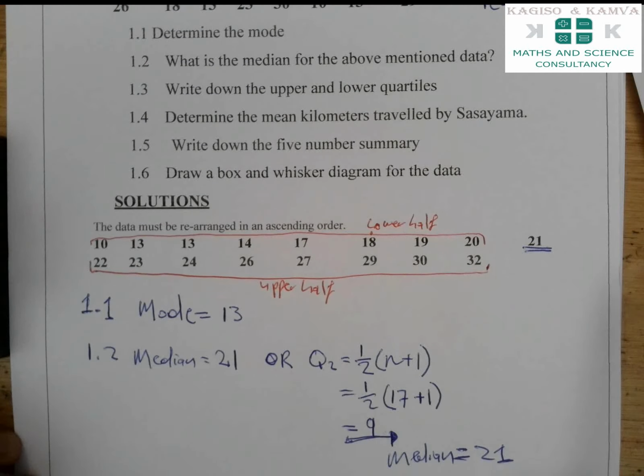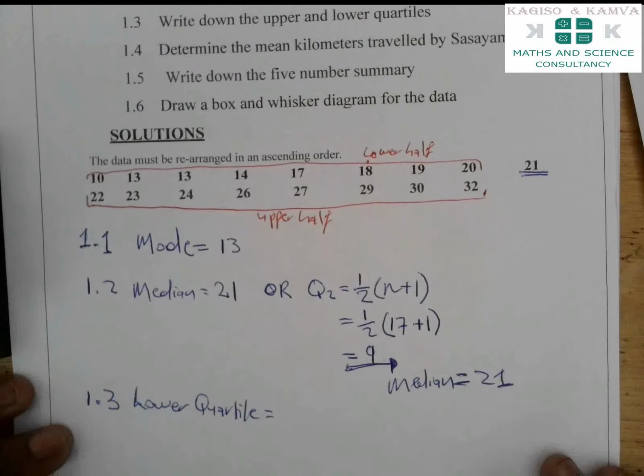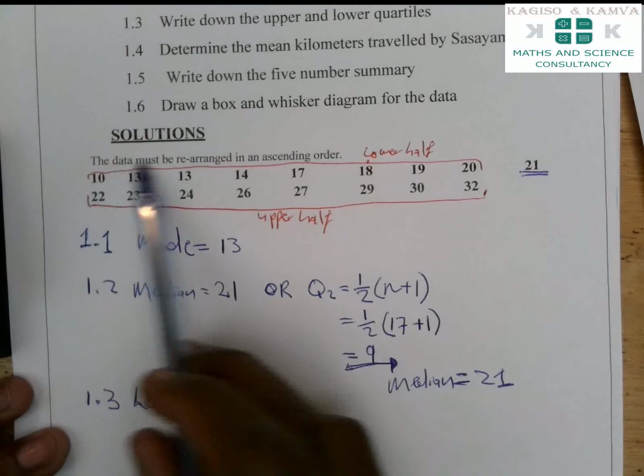So we know that Q1, which is the lower quartile, is the median of the lower half. Here we've got the lower half. How many elements do we have in the lower half?